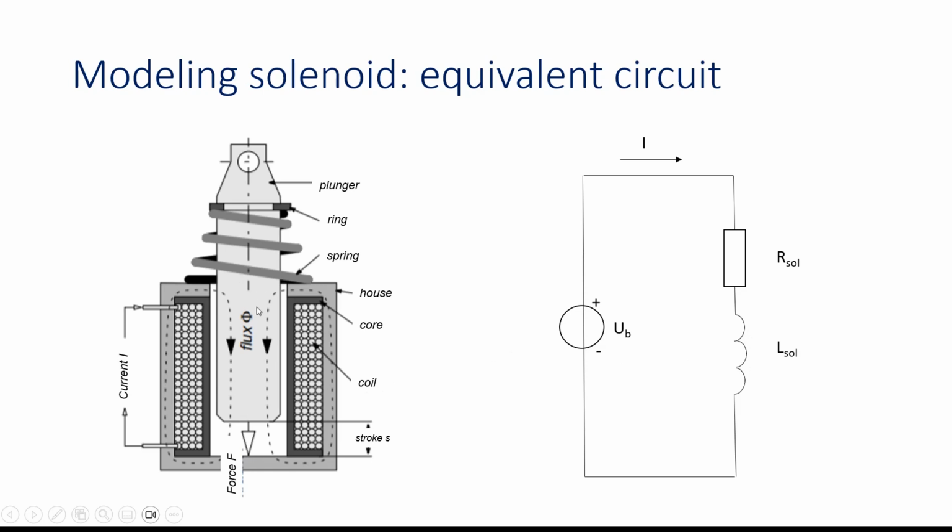But there is a second aspect which takes place when that plunger moves, and that is that it creates a back EMF voltage, UEMF, which is in series with that R and that L. So again, when we add a voltage through that solenoid, a current flows through these windings, which can be modeled as a series connection of an R, an L, which is not constant, and a back EMF voltage.